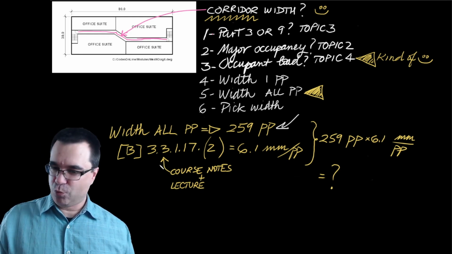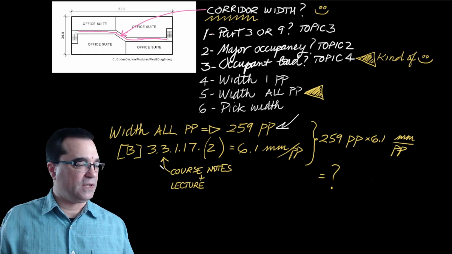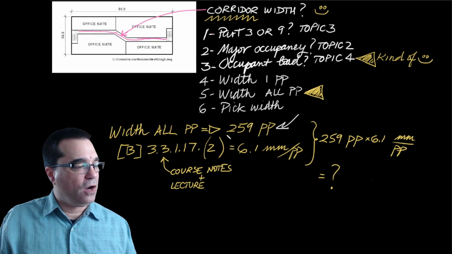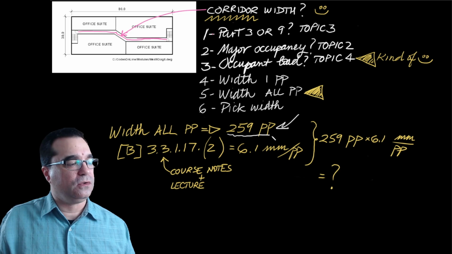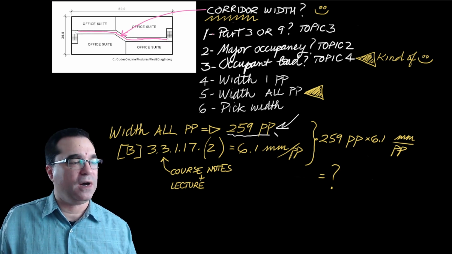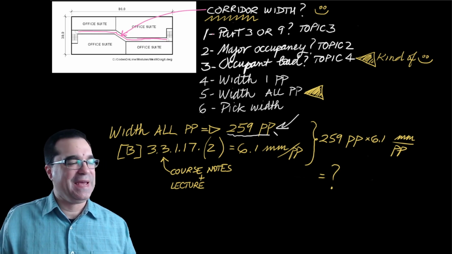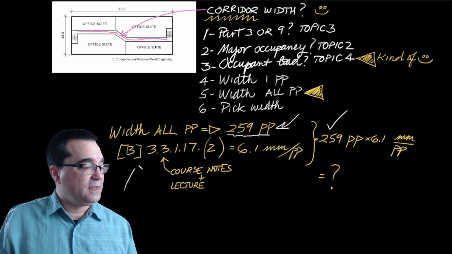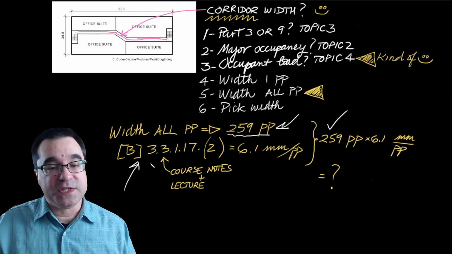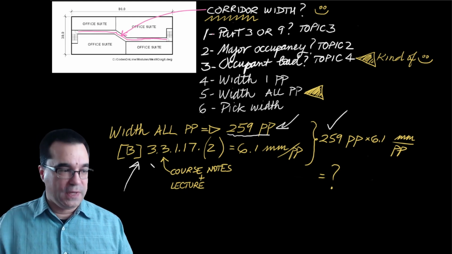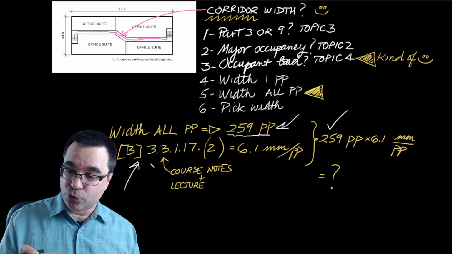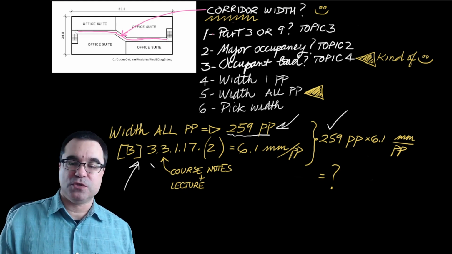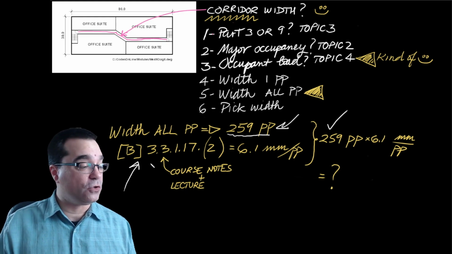So from the course notes and the video lecture, we have the occupant load as 259 people. We got that from step 3, right here. And from sentence 3.3.1.17.2, we also know that for a corridor, we have to use a factor of 6.1 millimeters per person.